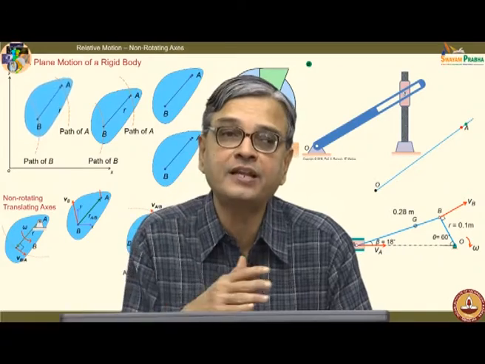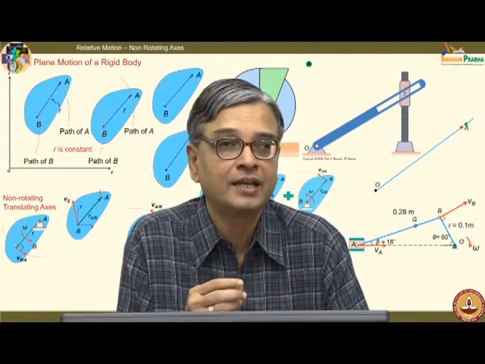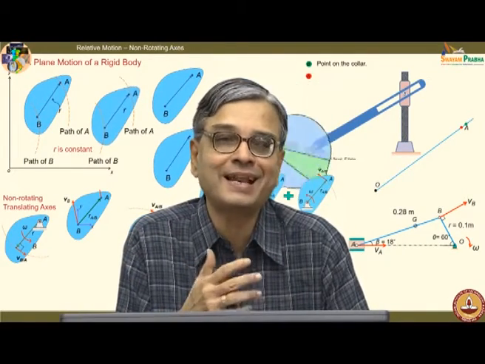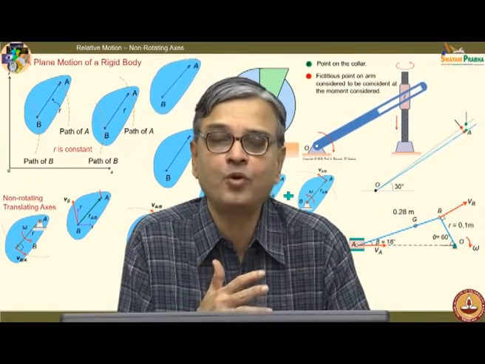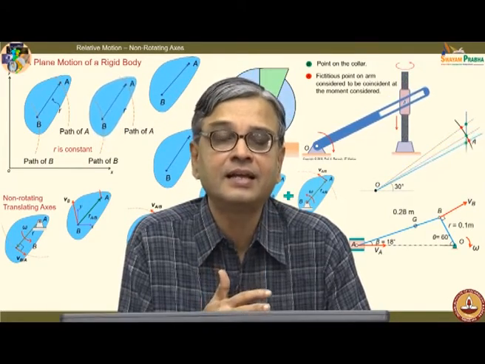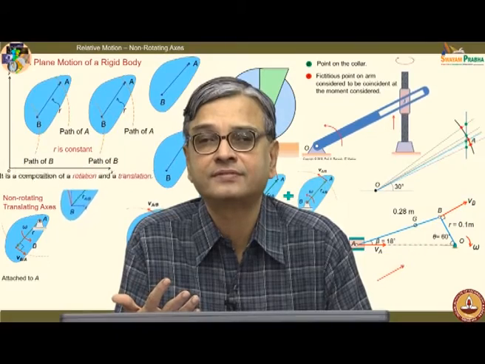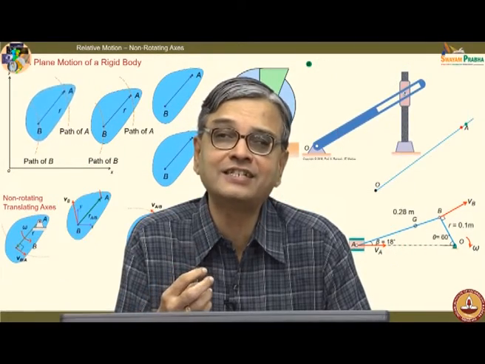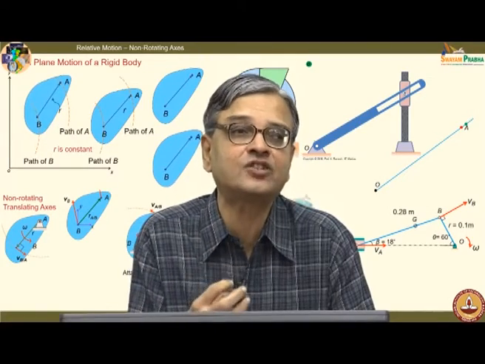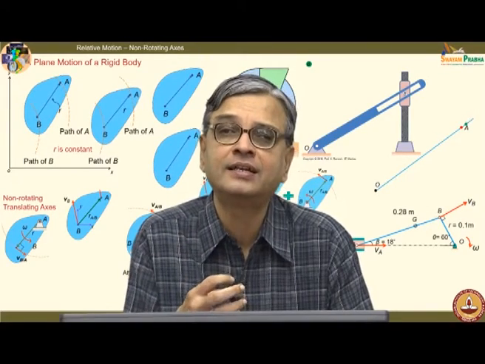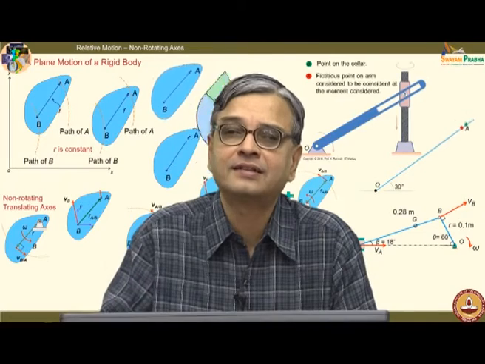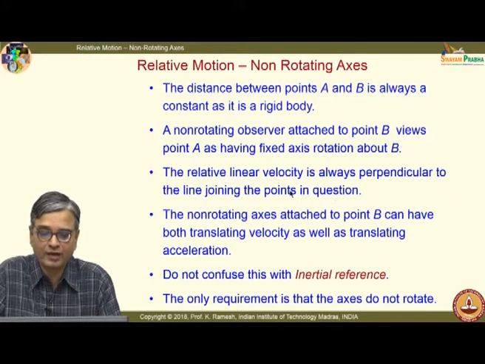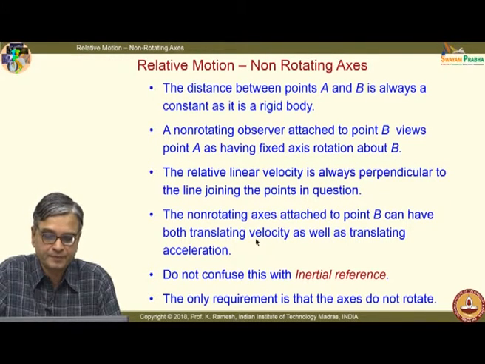This property we would exploit while solving problems in graphical methods. I am going to teach you the graphical method as well as vector algebra, because as engineers, you should visualize things first. They are very important. Just learning the mathematics and blindly closing your eyes is not going to help you.